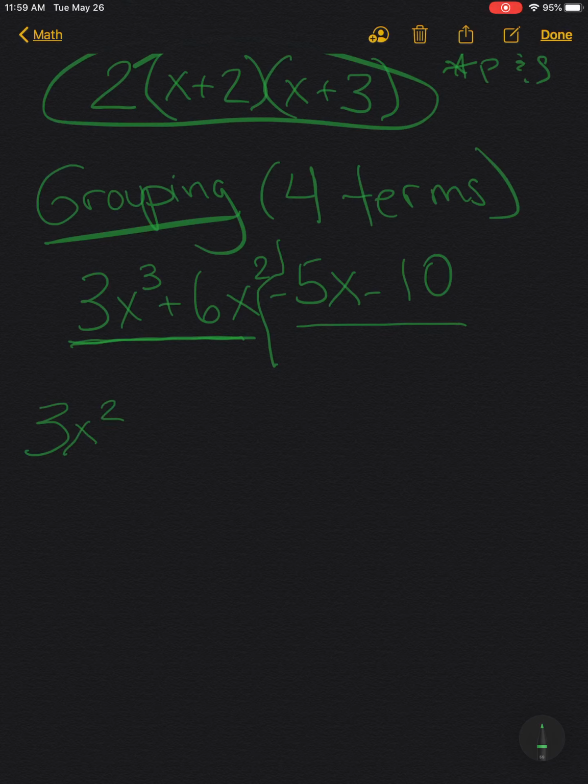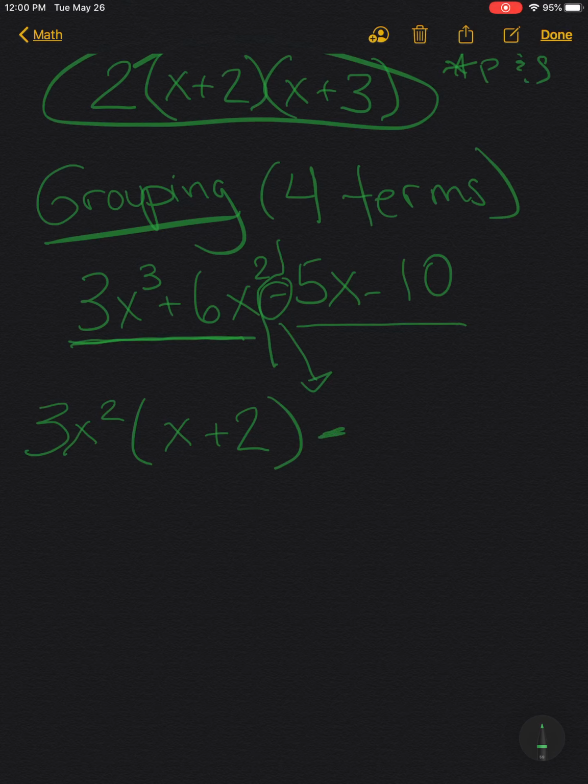Remember to always pull out the smallest variable. So 3x squared gets divided into each one, and you're left with x plus 2, right? Because when you divide 3x squared, that's what you're left with there. Now this middle sign, you always have to bring down. So bring down that minus sign.